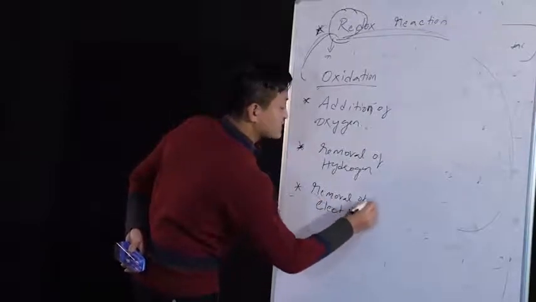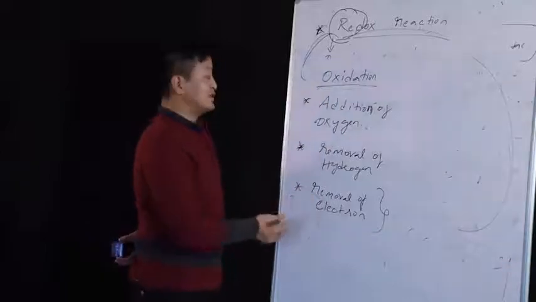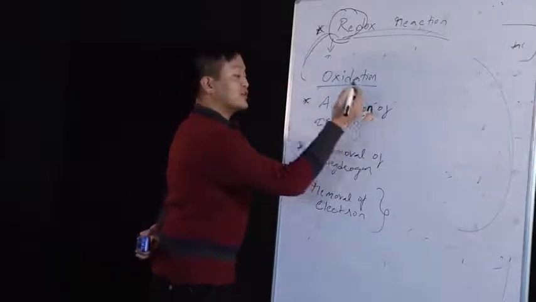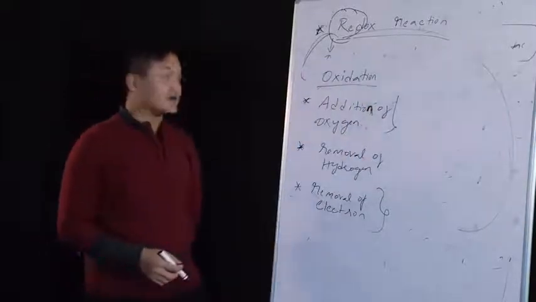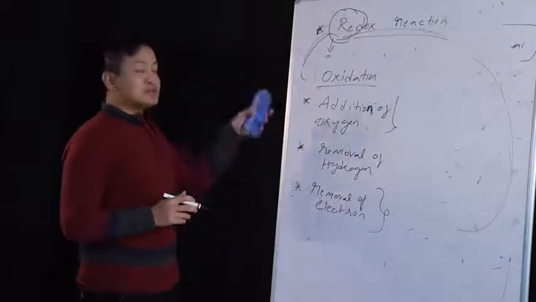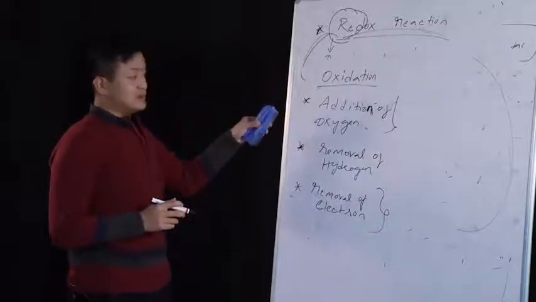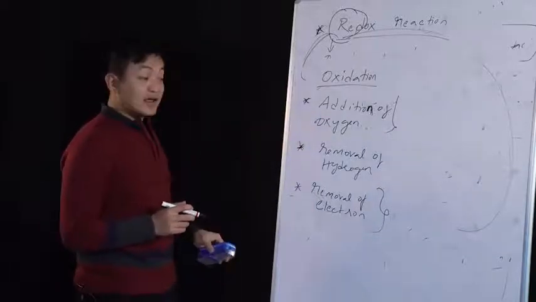The third point you'll study in more detail in class 11. In your textbook, they have mentioned more about the first point, so we'll focus more on the first point, that is addition of oxygen here. So I have given three main points for oxidation: addition of oxygen, removal of hydrogen, removal of electrons.